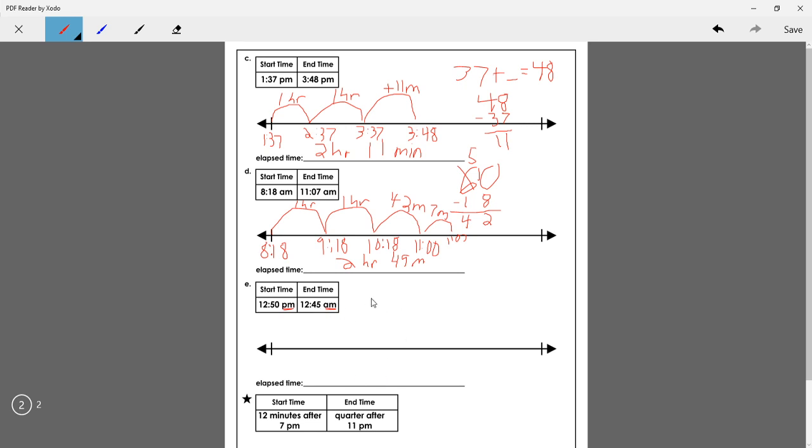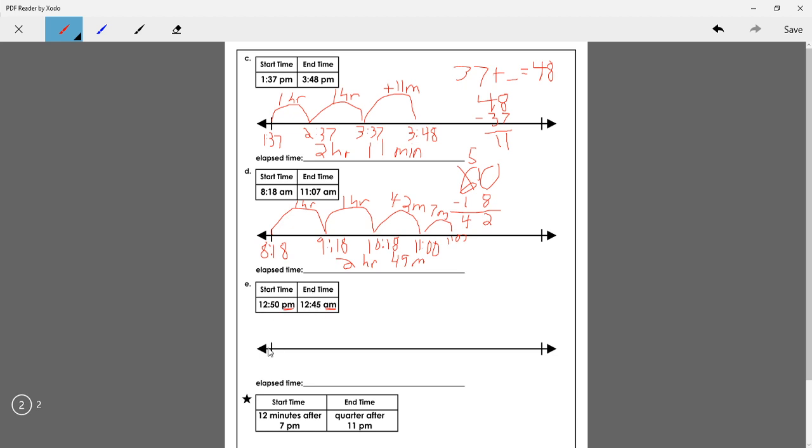So what I can do is 12 hours minus 5 minutes, right? Because in 5 minutes it would be 12 hours. So it would be 12:50 to 12:45, which would just be 11 hours and 55 minutes, right? Because it's just 5 minutes less than 12 hours, because it's on a 12-hour clock, from PM to AM.